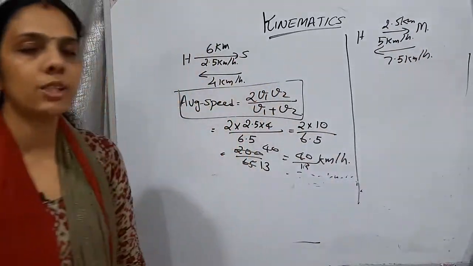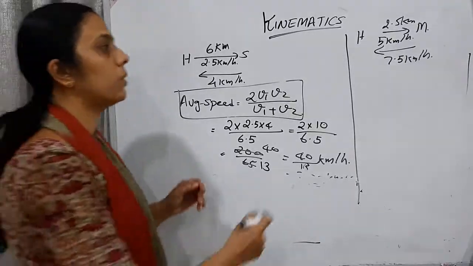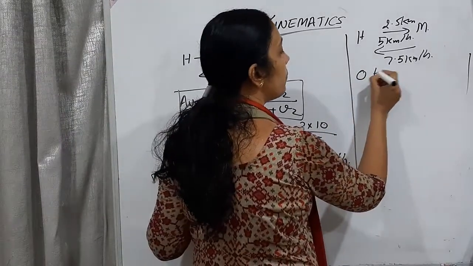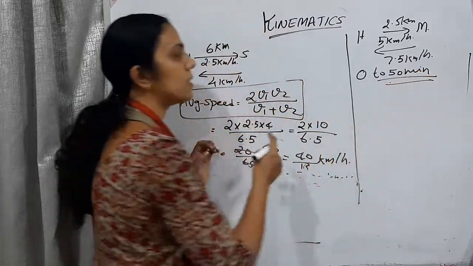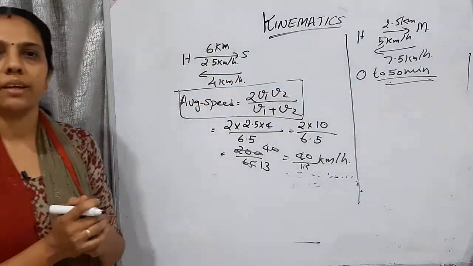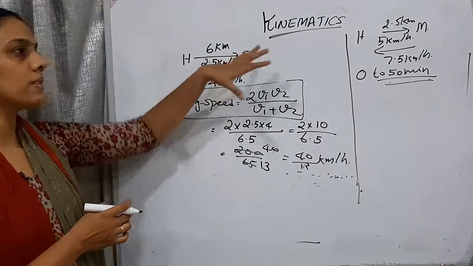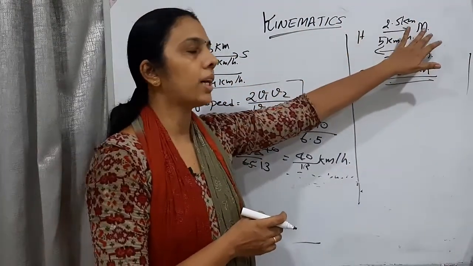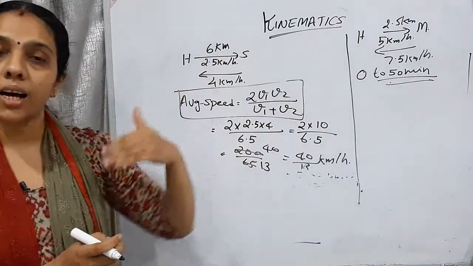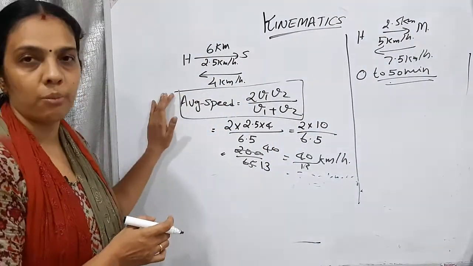Find the average speed only, it is asked over here also, in 0 to 50 minutes. So in 0 to 50 minutes, how much distance is it covering? That one we don't know, right? So the whole distance, what is the average speed in traveling from home to market and market to home? It's asked like that, we could have used this formula.